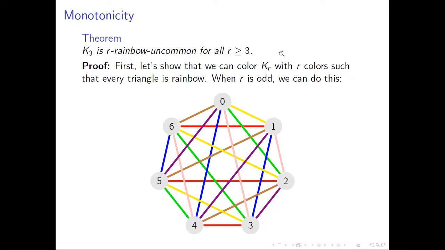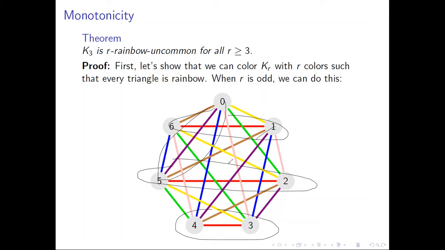And the way that we do that is coloring it in such a way that for every vertex, all of the edges connected to it have a different color. So you'll notice right here that the yellows, none of the yellows touch the same vertex. The reds, you'll notice that none of them touch the same vertex. The purples, none of them touch the same vertex. We keep them parallel to each other.